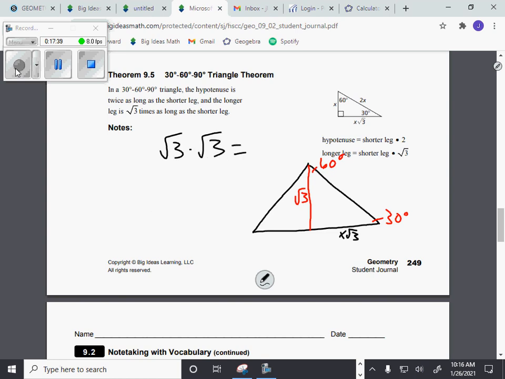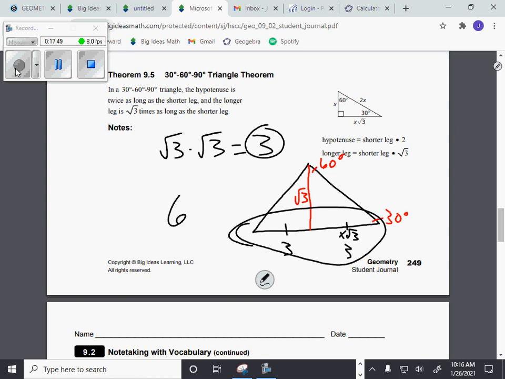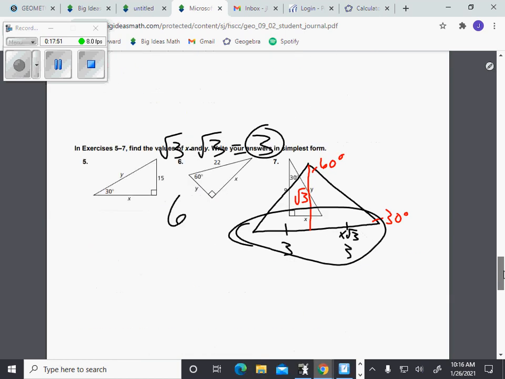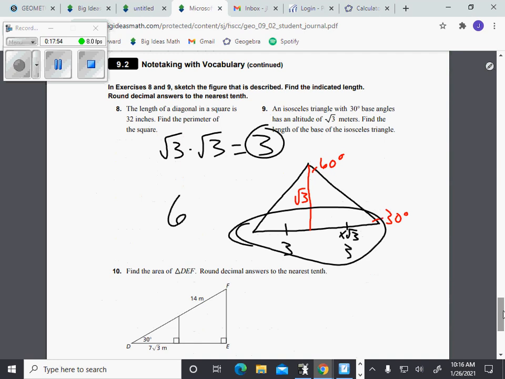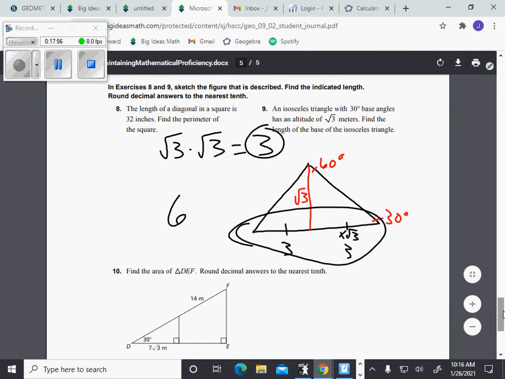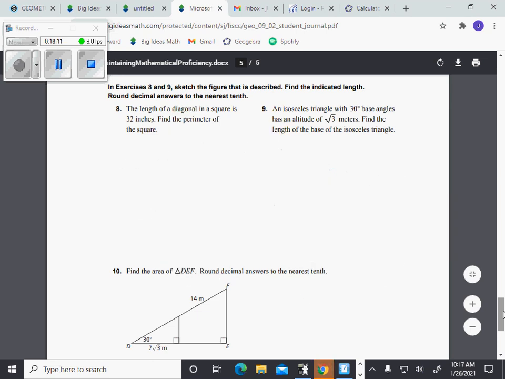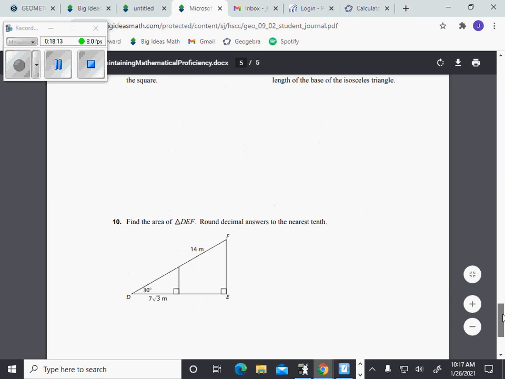That's going to equal 3. So each base is 3, which means our entire base is 6. We can go back down to our problem. 6 meters. So my apologies, I screwed up on that one a little bit. But that's alright. We'll keep working. Mistakes are bound to happen in math.